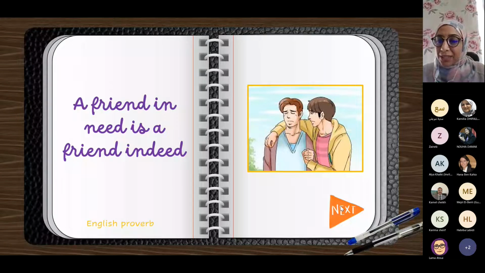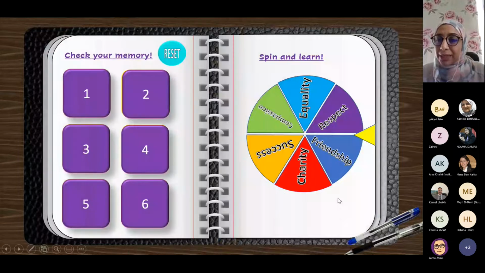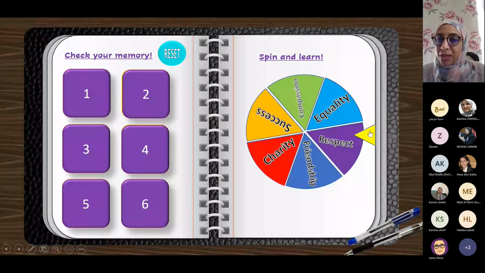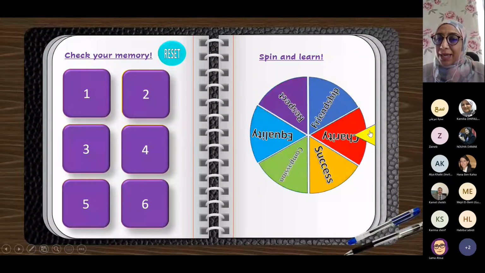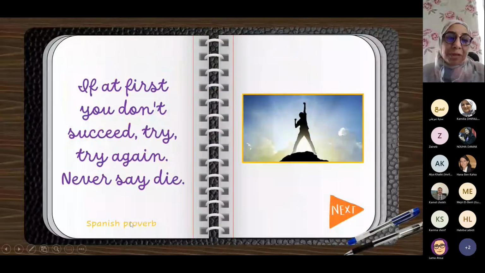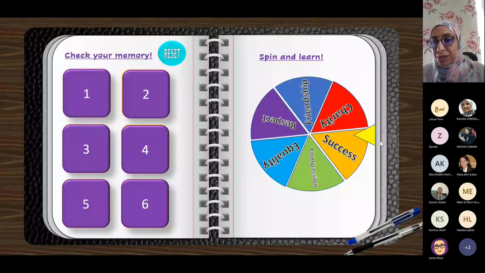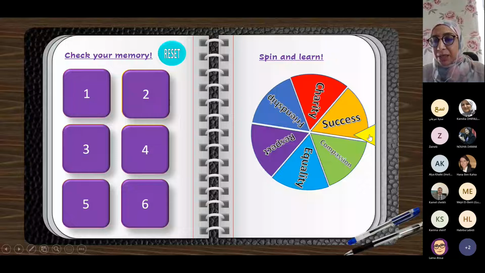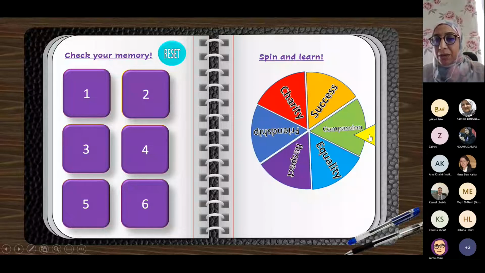So to go back to my wheel again, click again, then click again. Success, I click on success, and I have a Spanish proverb about success. If at first you don't succeed, try again, never say die, and so on. So we can keep spinning and learning about compassion.